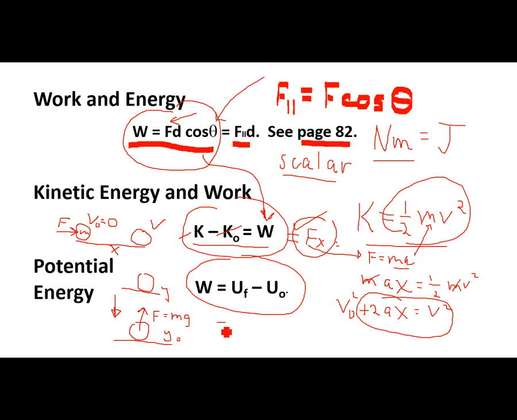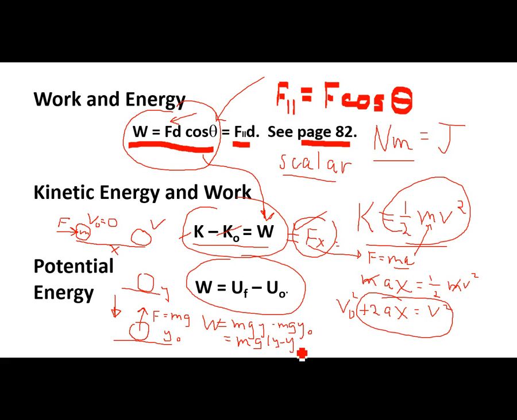Okay, and that means mgy minus mgy0. And we can factor the mg, and that would leave us with y minus y0.